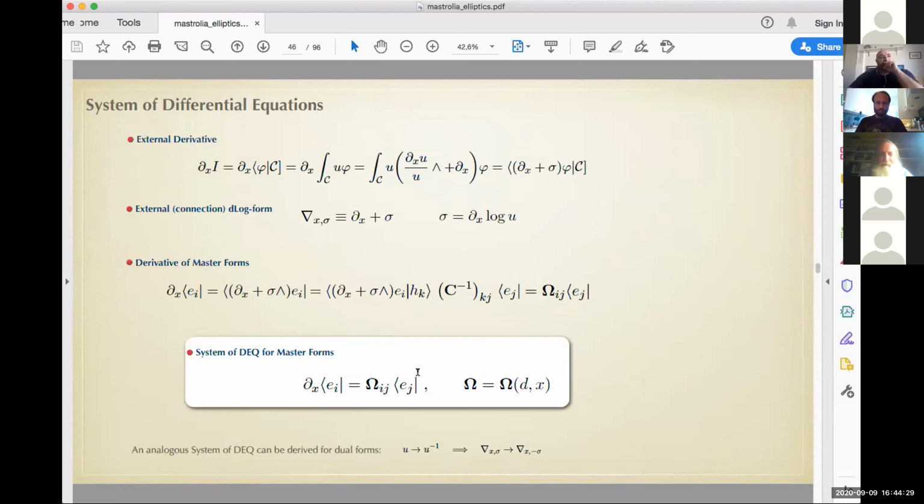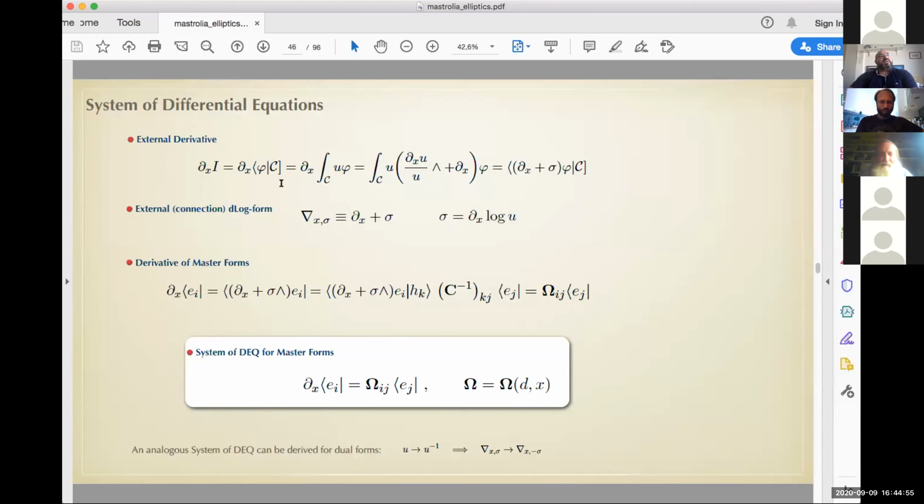The system of differential equations obeyed by master integrals can be built exactly in the same spirit as the derivation, or the definition, of the integration by parts identities. In this case, we would use an external connection instead of an internal one. An integral of an internal connection would vanish.